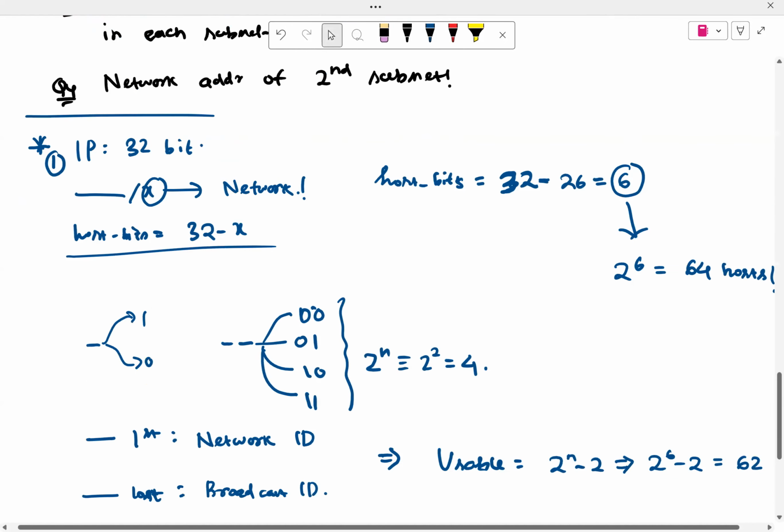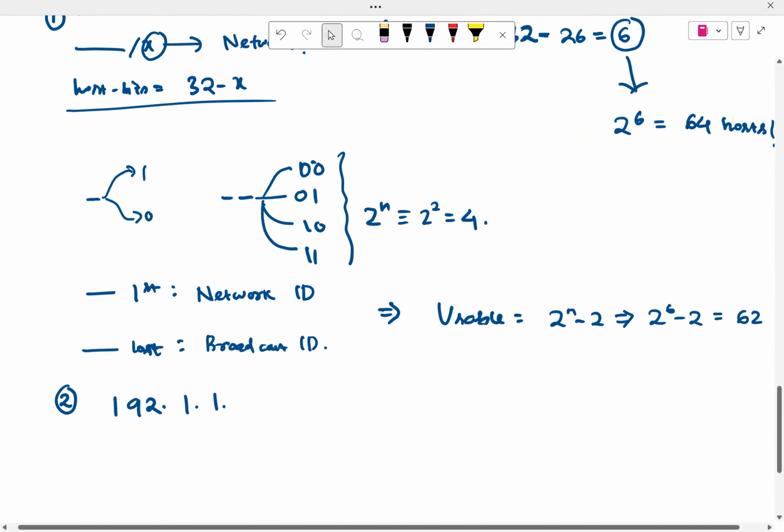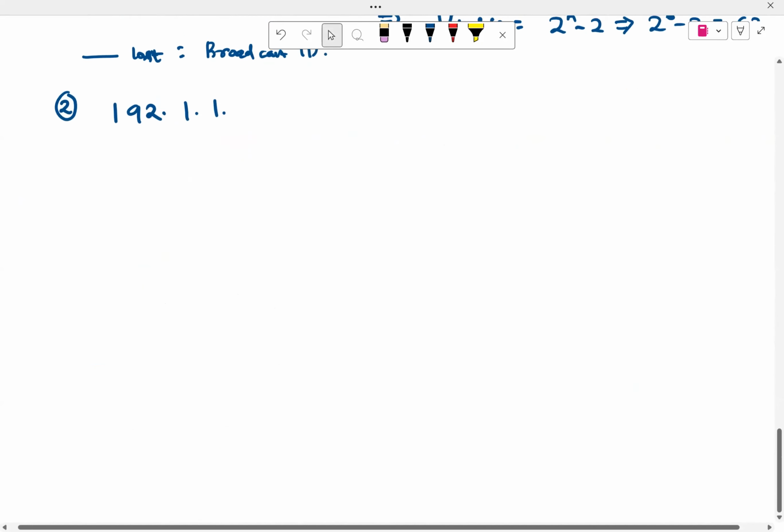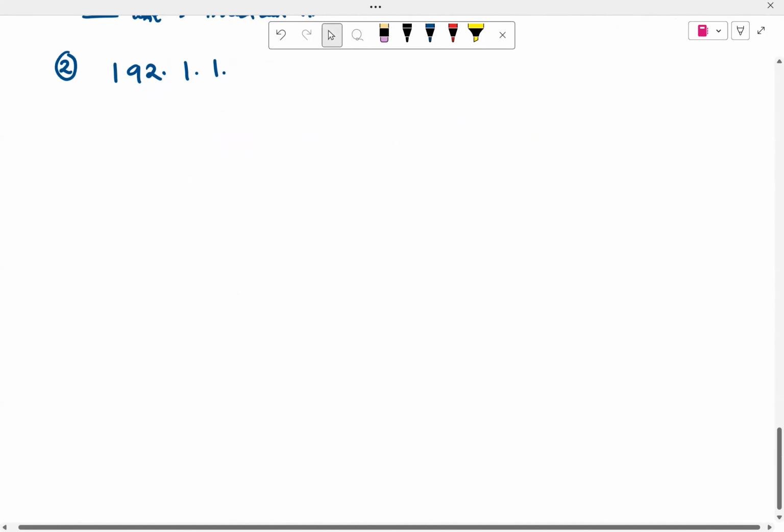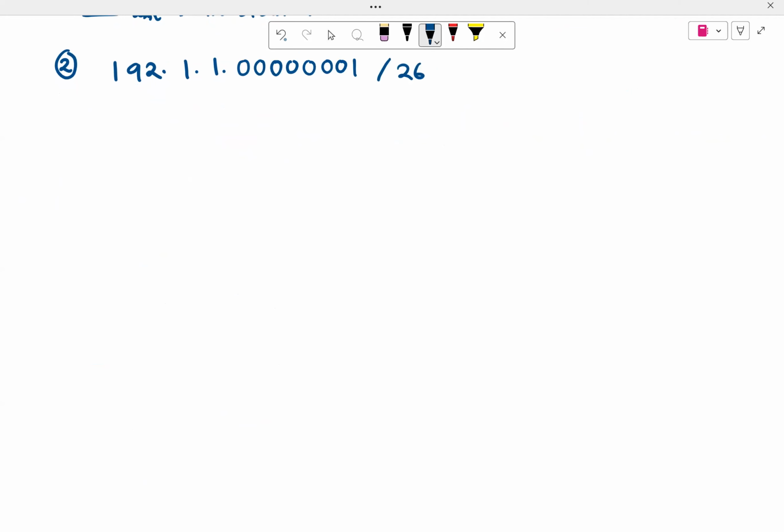So the last one is 1, right? It can be written as 00000001, and slash 26. That means the first 26 bits are network, and the last 6 bits are host.